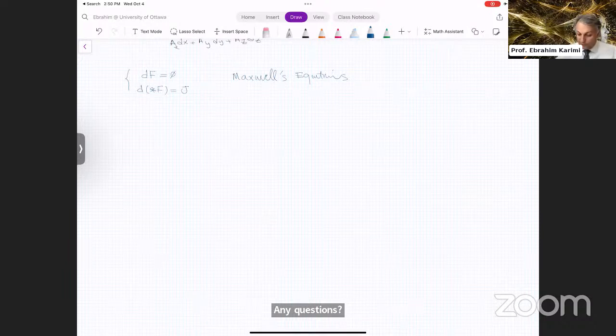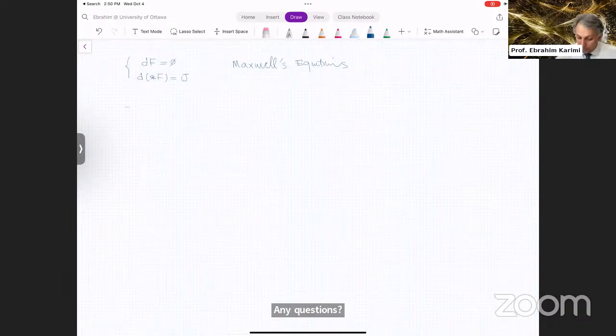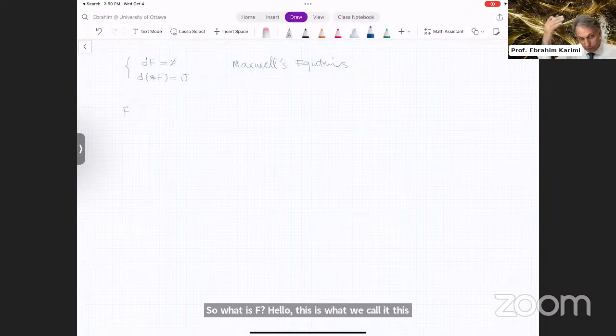So what is F? This is what we call the electromagnetic tensor. And remember, this is what we learn also from special relativity.